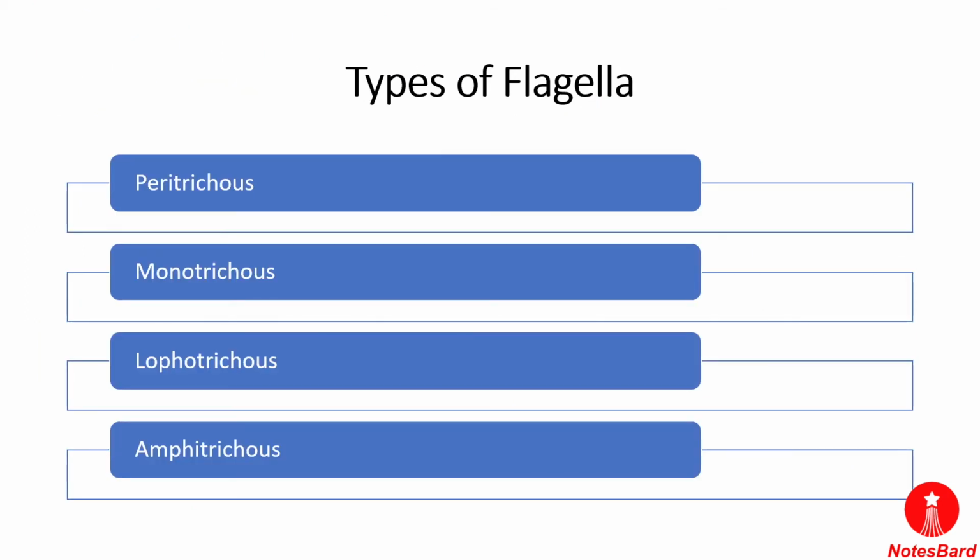Next, there are four types of flagella. First is peritrichous, where several flagella are attached all over the organism, so they are not polar flagella.